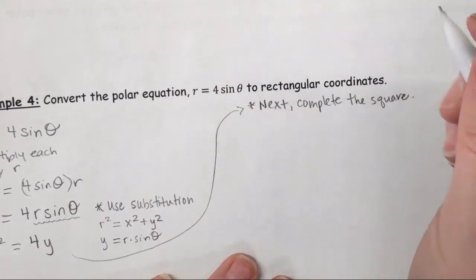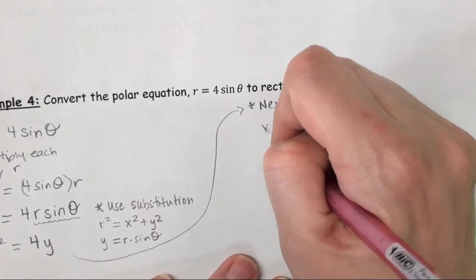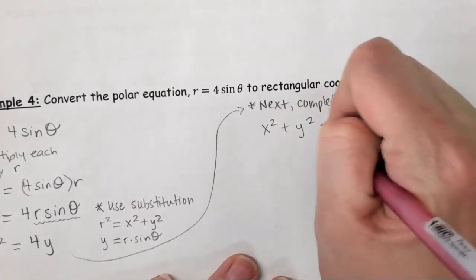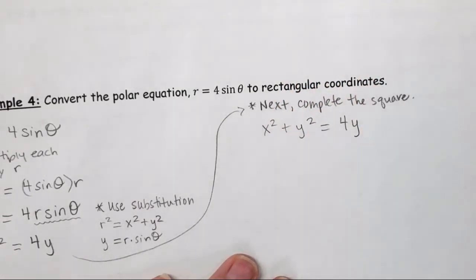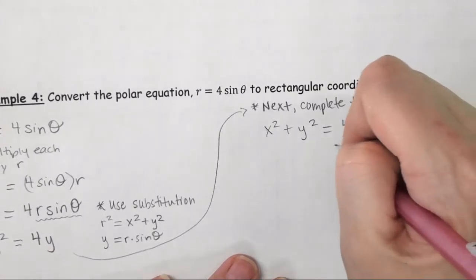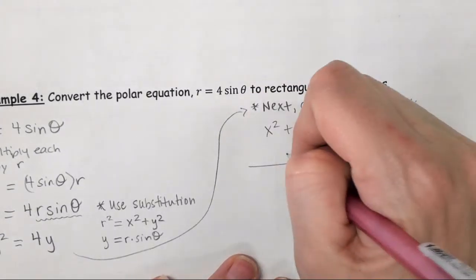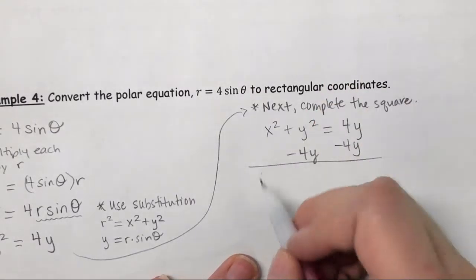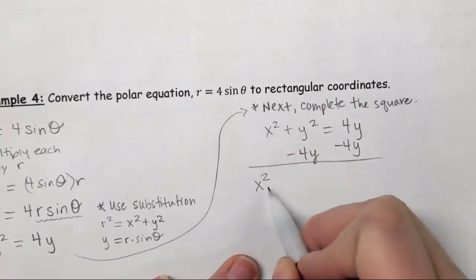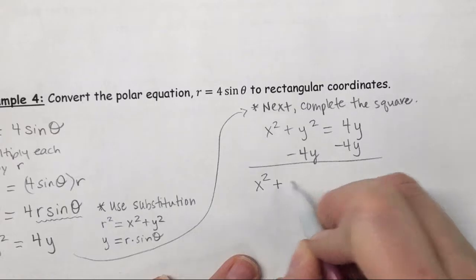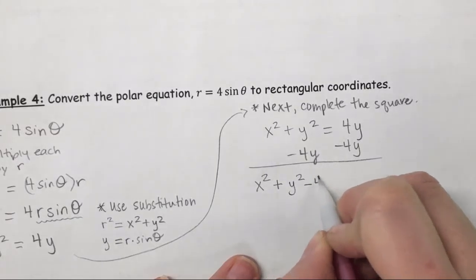Okay, so I have x squared plus y squared equals 4y. If I'm going to complete the square, I want all of the y's on the same side, so I'm just going to subtract. So I have x squared. There's no b value, so I don't have to worry about completing that square.